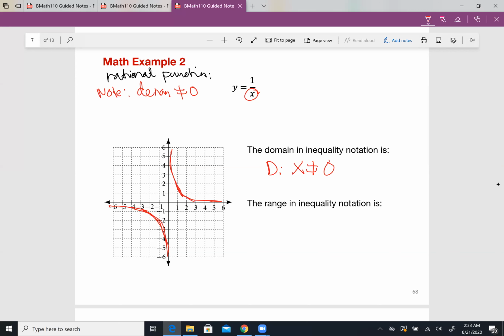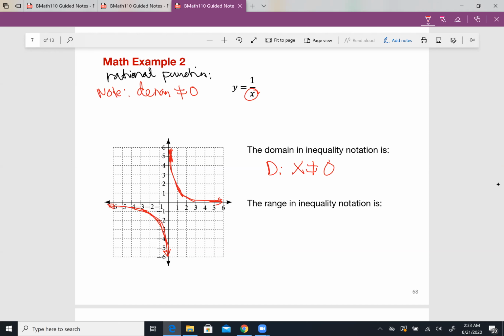I just draw it roughly. You can take a look at the Desmos graphing calculator, but it should look like that.